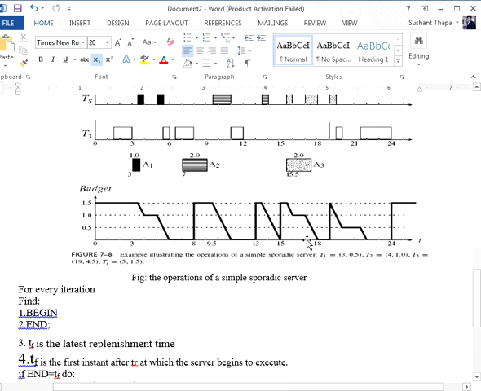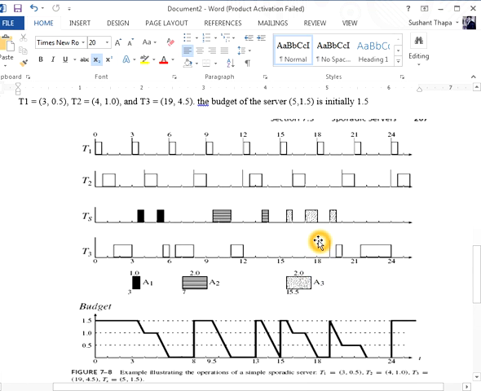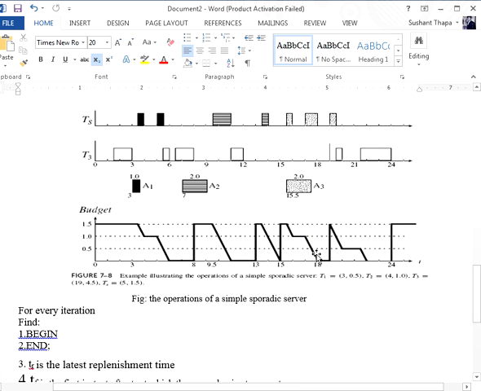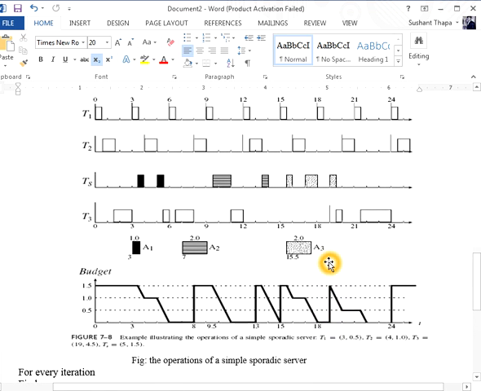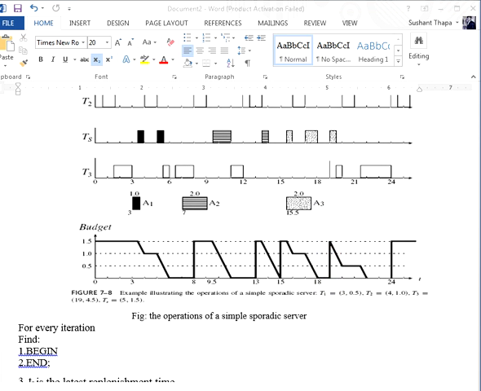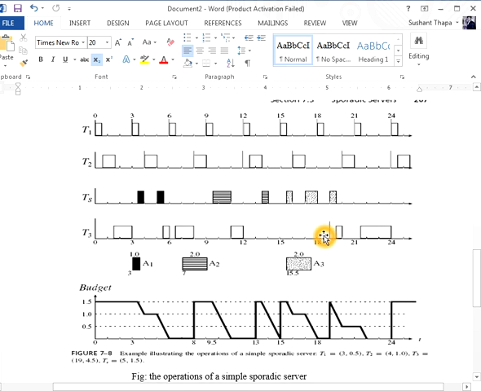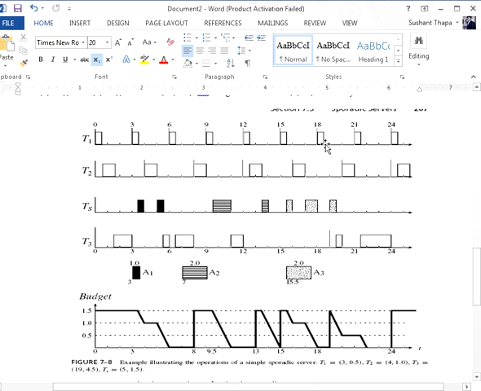Again following the previous pattern we will solve. Now when we reach 18, the task T1 has been executed, so our budget will remain steady till 19. At 19 again we will see that the system is idle here, that is T1, T2 and T3 are not executing their jobs.